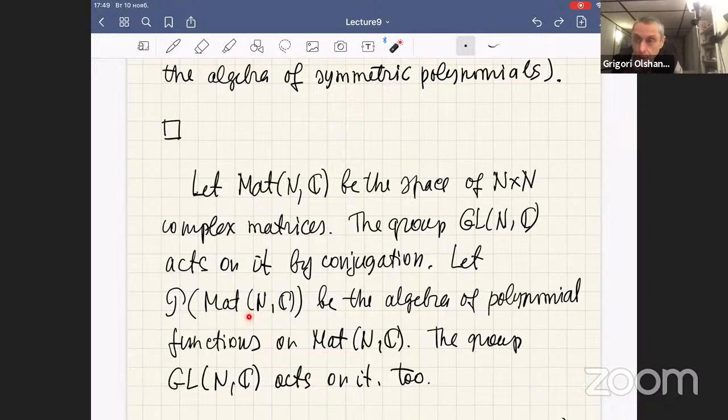This is a typical problem of invariant theory. We have some algebra, and we want to understand the invariance in this algebra with respect to some automorphism group. In our situation, this automorphism group comes from the action of the group on the ground space.